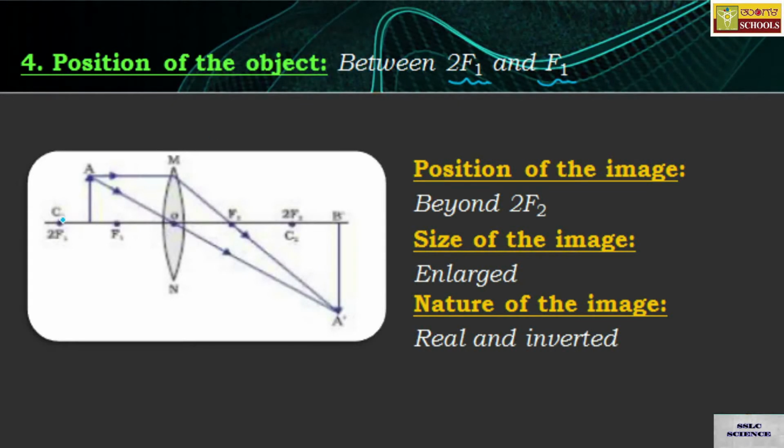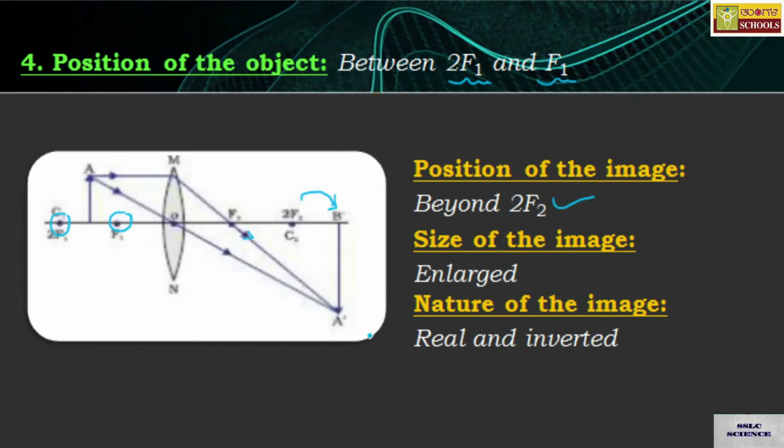Whenever you place the object between 2F1 and F1, you will get the image beyond 2F2. Here the ray of light which is parallel to the principal axis, after refraction through the lens, will move through F2, the second principal focus.